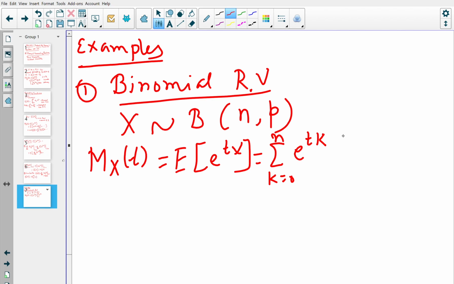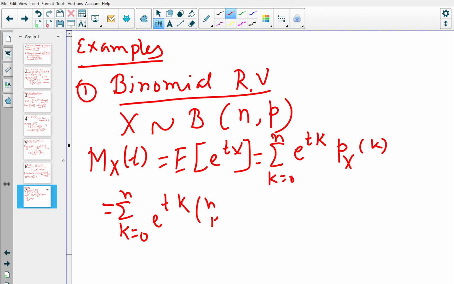So what is the probability mass function? So let me write down here, the mass function is of this form: summation k equal to 0 to n, e power tk into n choose k into p power k into (1 minus p) power n minus k. Clear?